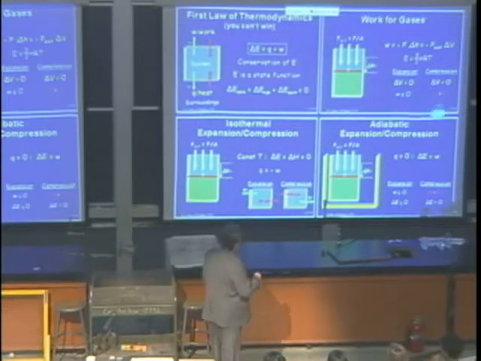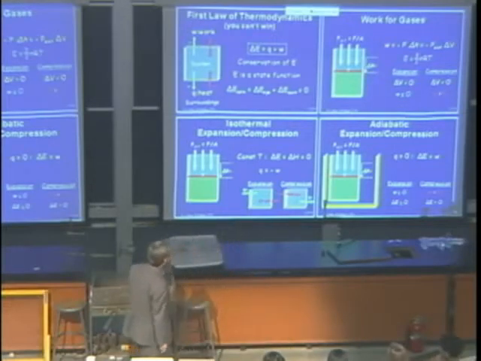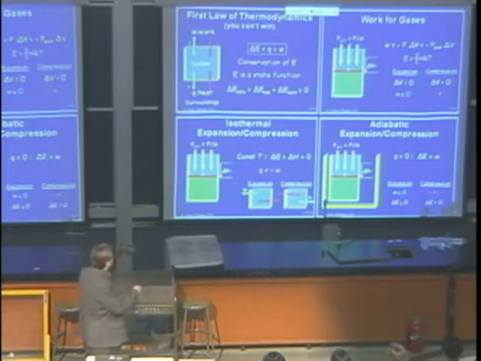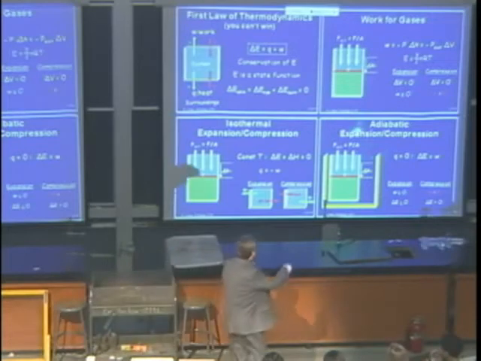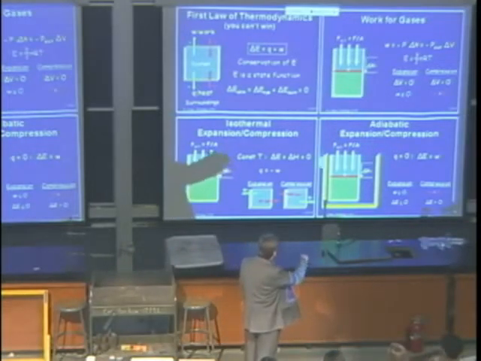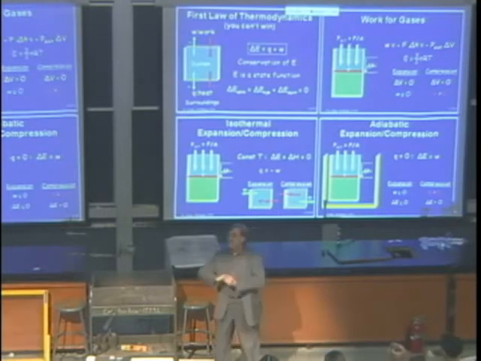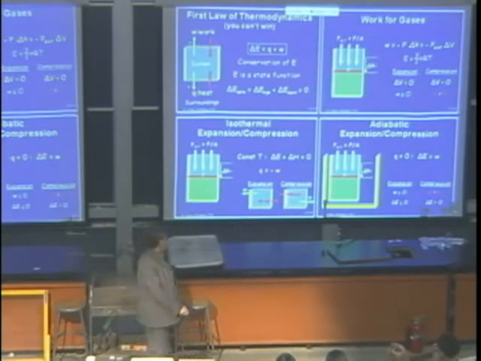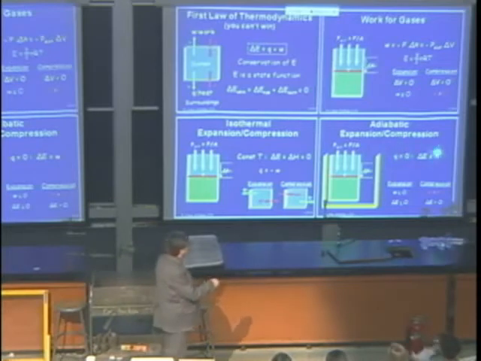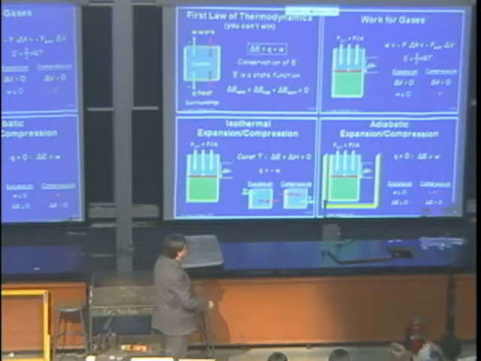We already talked about this, essentially the work of gases, and this was isothermal. And then we talked about adiabatic. Adiabatic means I have this system so insulated from the surroundings that there is no exchange of heat possible, okay? With this, Q equals 0, then the change of energy is only the work.